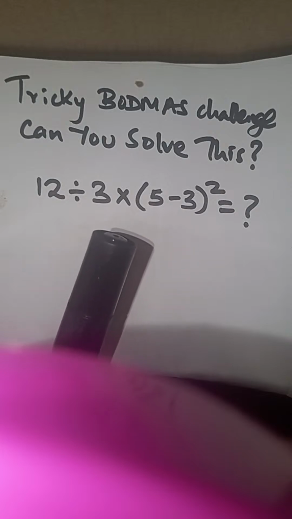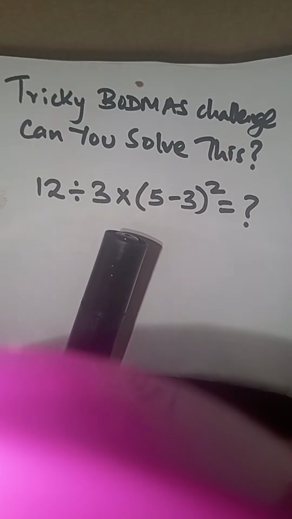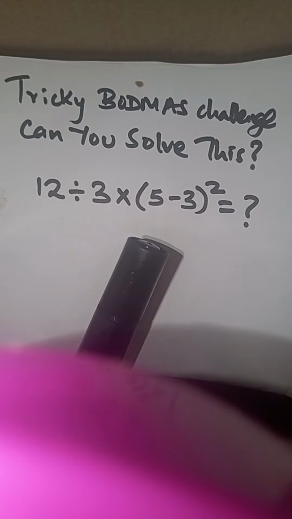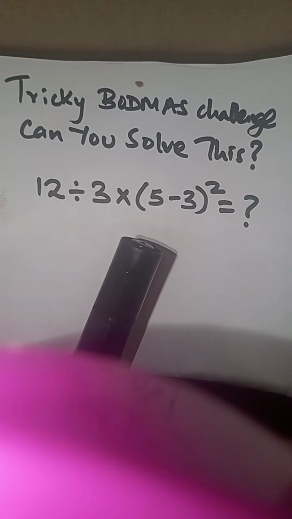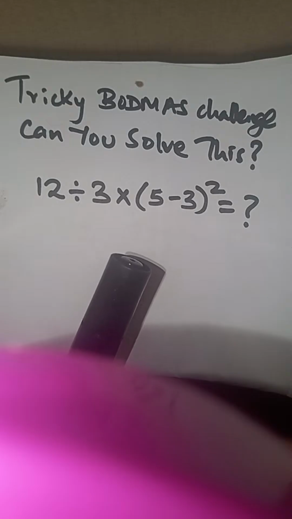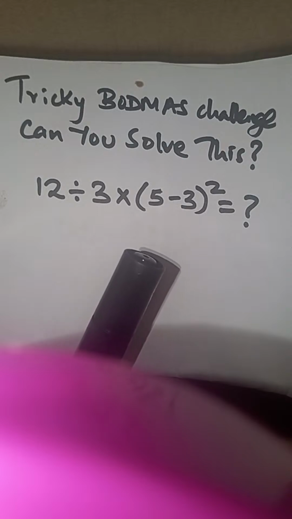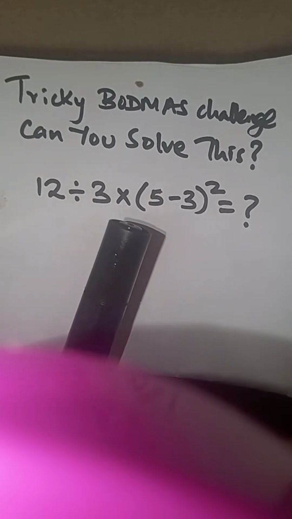If it was 12 divided by 3 in bracket 5 minus 3 squared, then the answer will be 1. So Austin is saying the O does not stand for off. I promise you I'm in algebra class 2. So Austin, what do you think O stands for what? Because with me I know it that O is off.